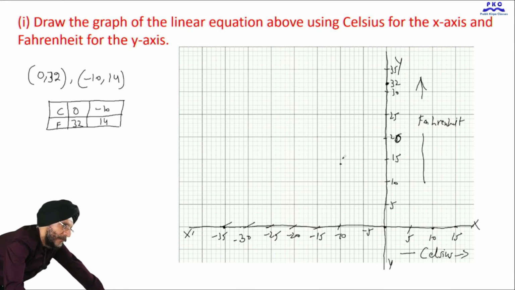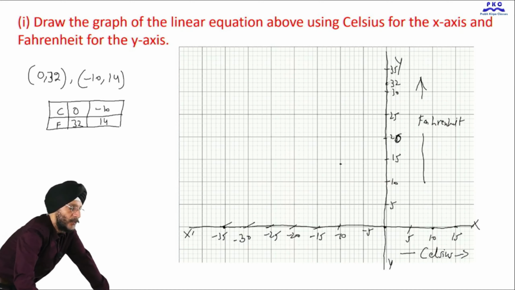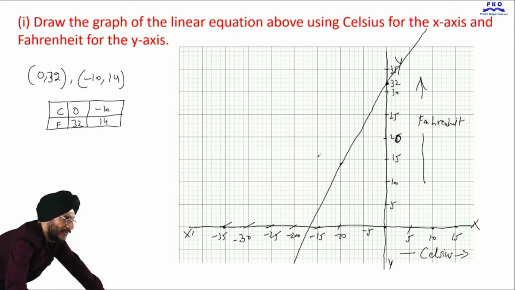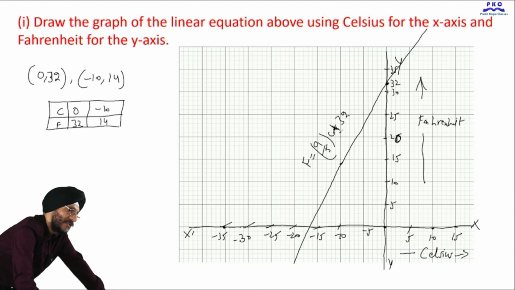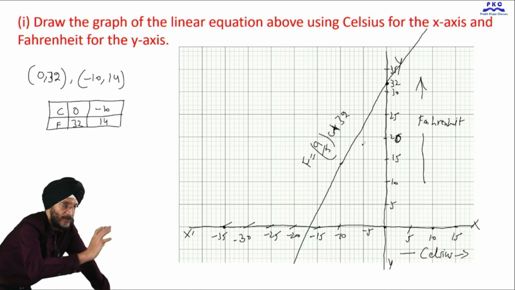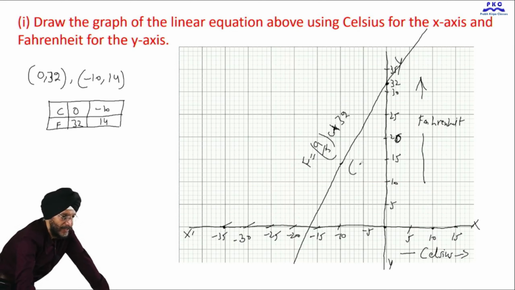We will join both these points. In the exam, you can use any such thing which can join both these 2 points correctly. Here it is. So now this is in the form of somewhat a straight line. Here you will also mention the equation, 9 over 5 C plus 32, and where these 2 points have been joined together, we are also to write the solutions.